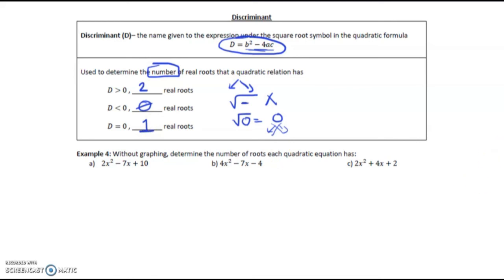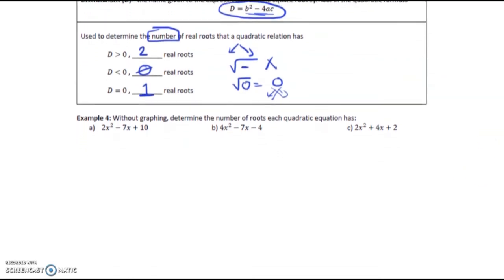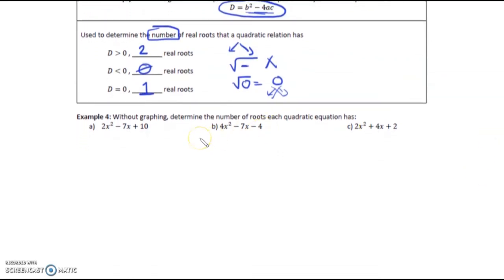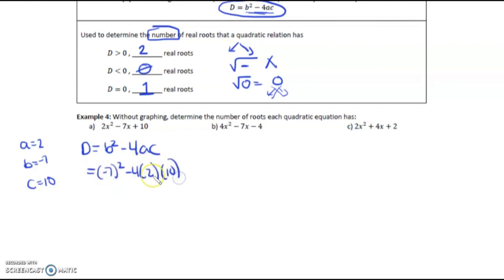Okay, so without graphing, we're going to use the discriminant to determine the number of real roots that each one of these has. So we set this up the same. A equals 2, B equals -7, and C equals 10. So all we have to do is sub it into b squared minus 4ac. So we have -7 squared minus 4 times 2 times 10.